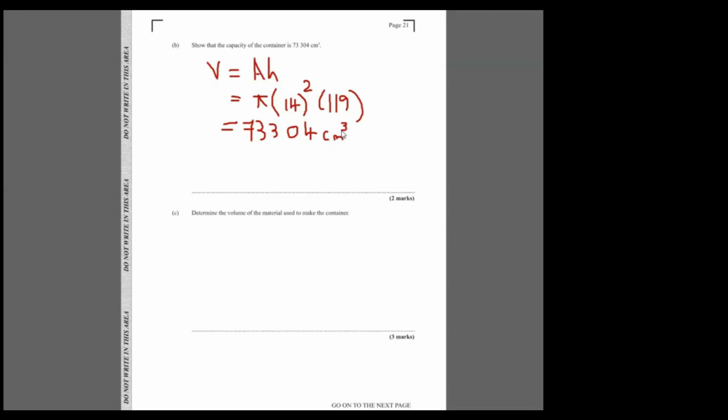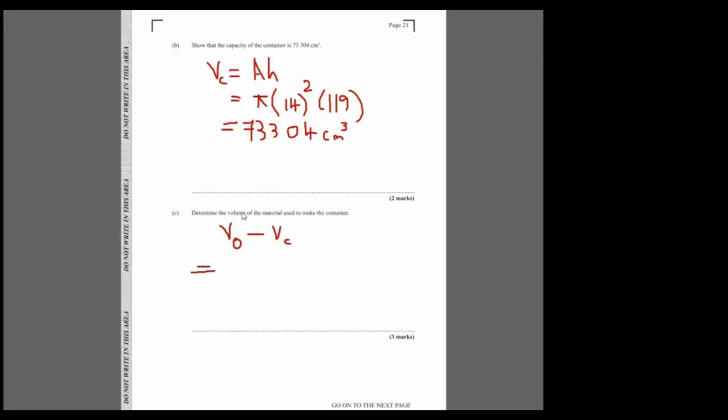Now the next part of the question asks us to determine the volume of the material used to make the container. The volume that is used to make the container is the outer volume, the volume of the big thing, minus the capacity of the container. I'm going to call this VC, the volume of the capacity of the container.